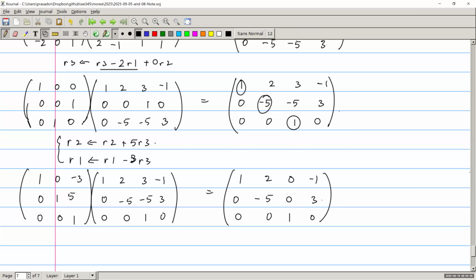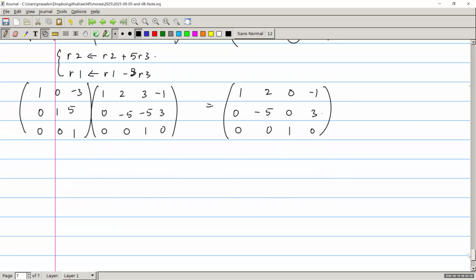Okay, the last thing we do is to zero out this entry. And what operation will you do?